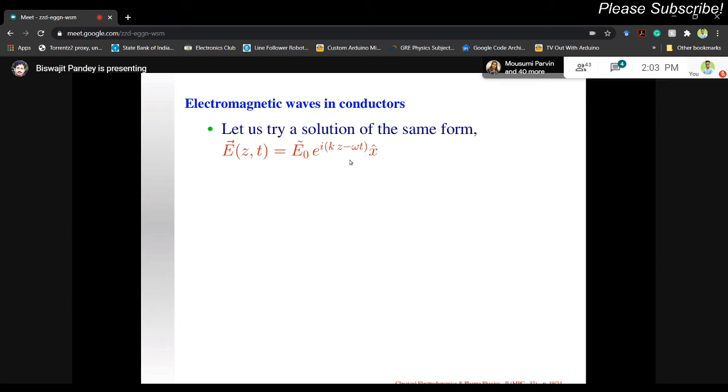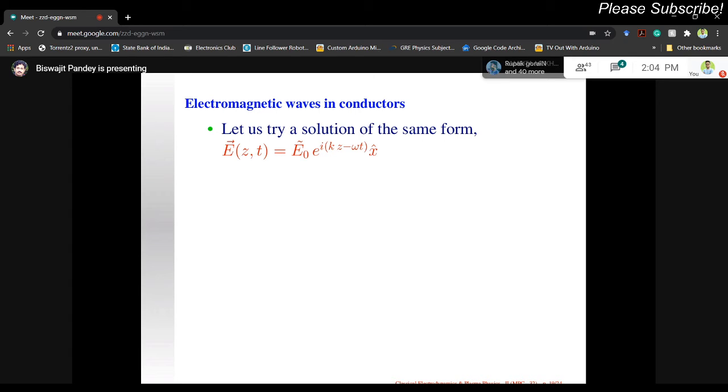We could have taken E(r,t), with e^{i(k·r - omega t)}, but I have not written that just to make things simple so that you understand everything, because as soon as I make the directions arbitrary, it becomes a bit difficult to visualize things. So this is a very simple picture where the electromagnetic wave is propagating along the z direction, the electric field is polarized along the x direction, and it is incident on some metal, right?